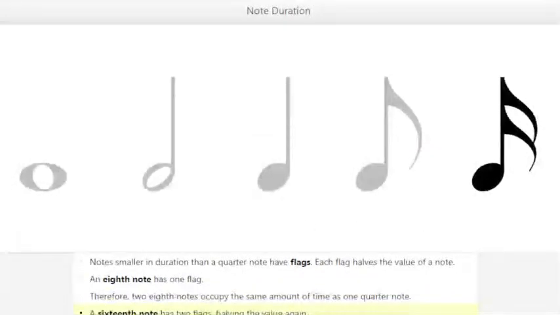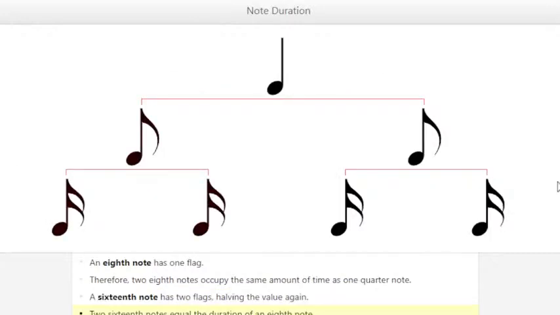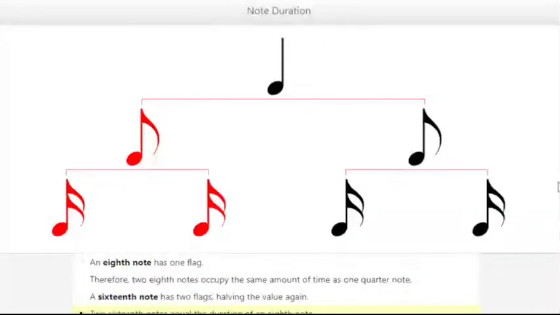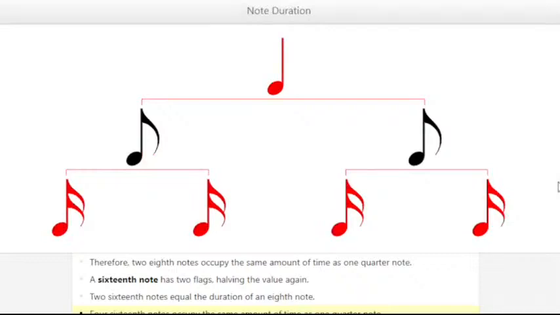And then we have the sixteenth note. It has two flags. Remember, we talked about how each flag shows half the value of the note. So we already have the eighth note. If you now add another flag, that is half of an eighth note, and that would give you two sixteenth notes. This sixteenth note has two flags, halving the value again. Two sixteenth notes are the same duration as an eighth note.